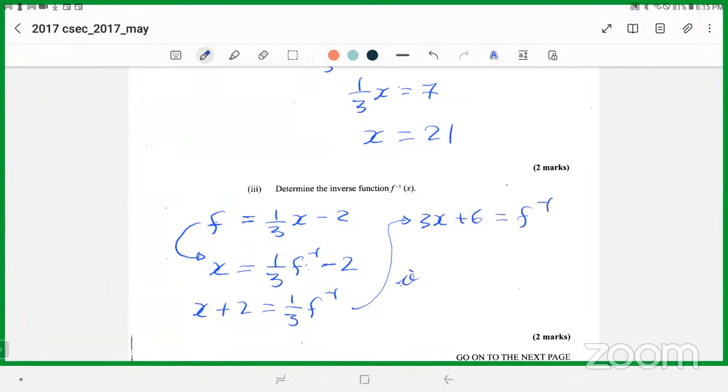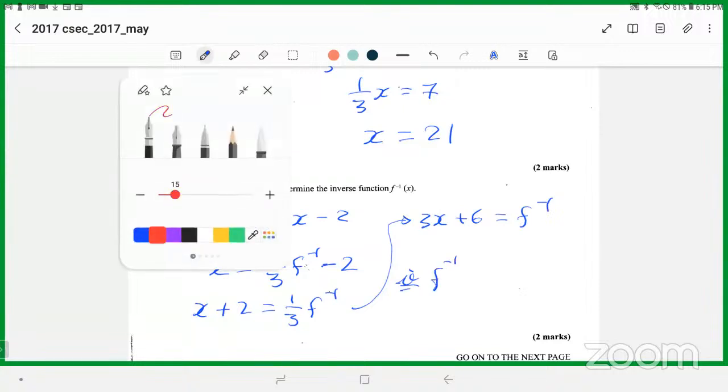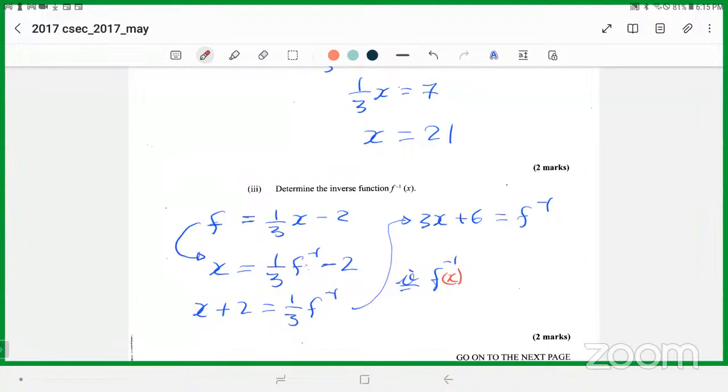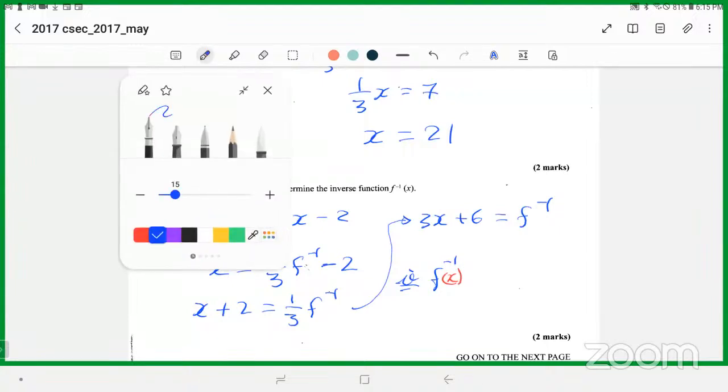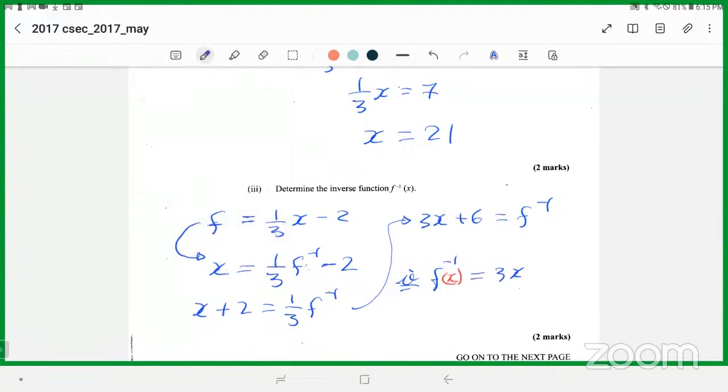You can say f to the minus 1 of x is equal to 3x plus 6. That is it. 3x plus 6. If you put 3 times x plus 2, that also is good, because we could have multiplied the 3 by all of this as one term. Either this or this, whichever one you write, is still correct.